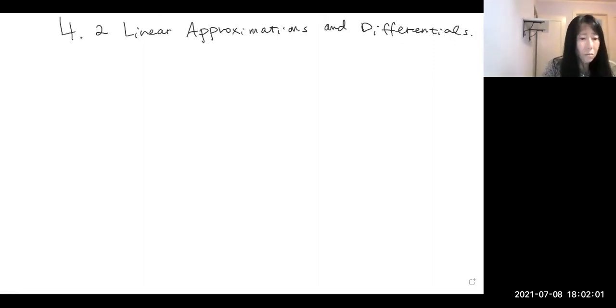So we do linear approximation of a function at a point. Okay, so we had the equation of a tangent line, right?